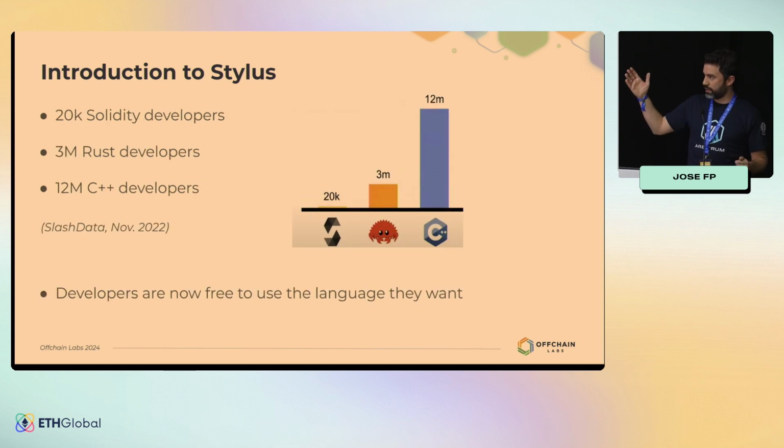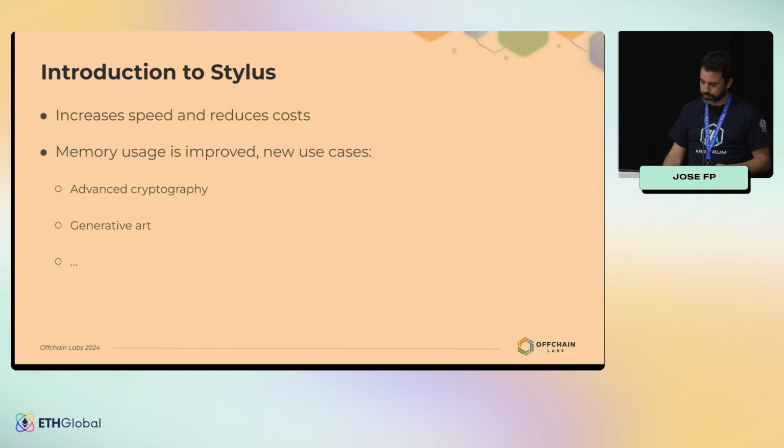These are some numbers of developers in these three languages that we were just mentioning, just to compare among them, and also to see that Stylus actually enables new developers to be able to access the blockchain ecosystem, the smart contract development ecosystem, right?